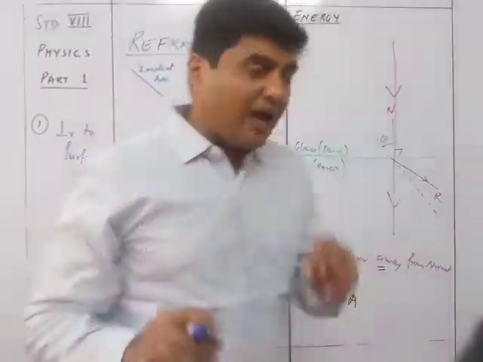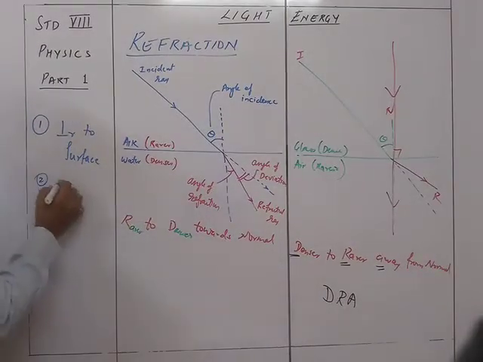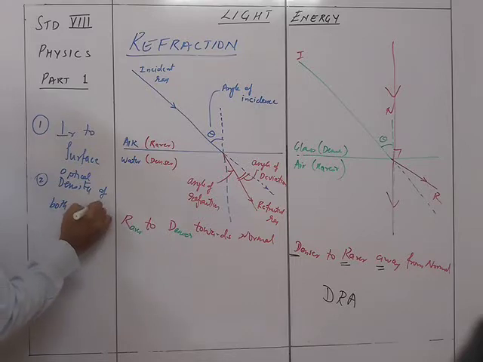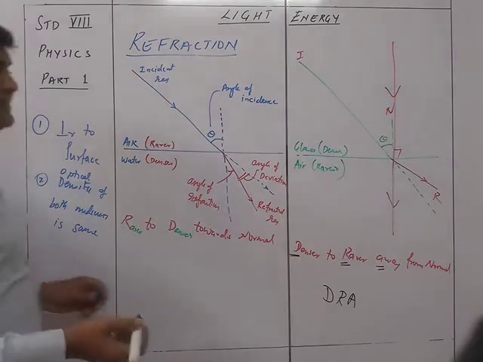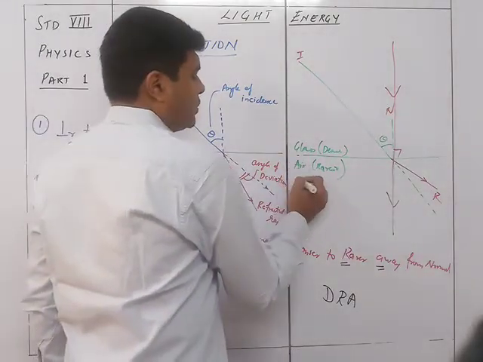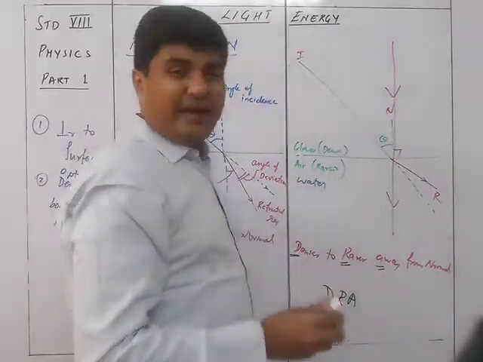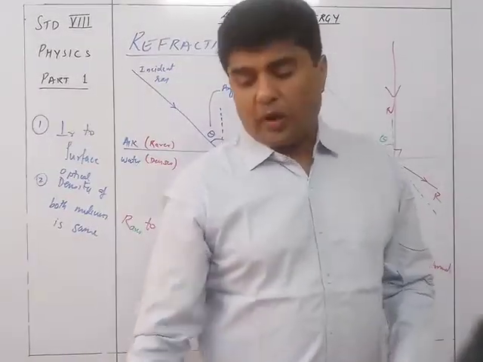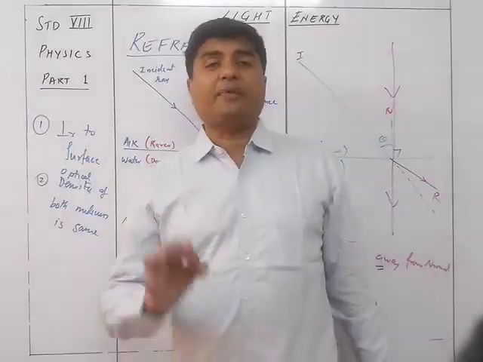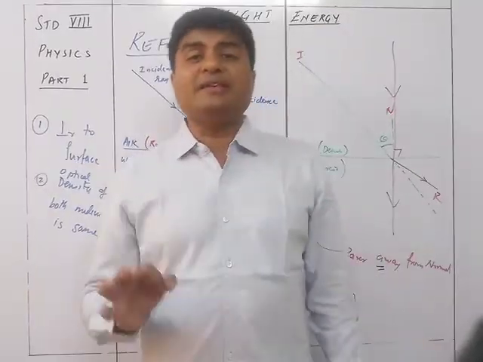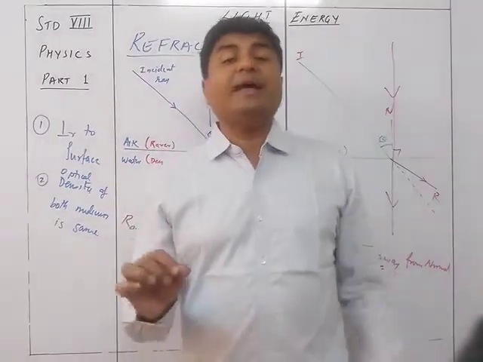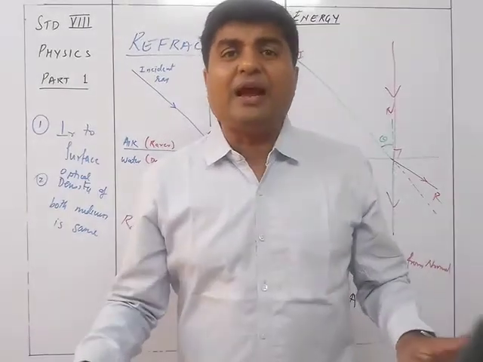The other thing is that if the optical density of both media is the same. For example, I have glass over here and water over here. And suppose the glass is made in such a way that both water and glass have the same optical density. If the optical density of both media is the same, then there will not be any kind of bending.